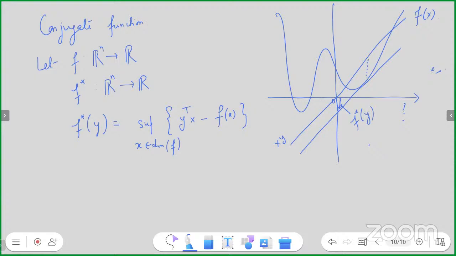Suppose I pick y equal to 0 and evaluate f star of 0. What do I get? It gives me essentially minimize f of x. So if I know f star of y for a particular function, I can just evaluate it at 0 and I'm done. That's like the starting point why somebody even started to look at such a function.